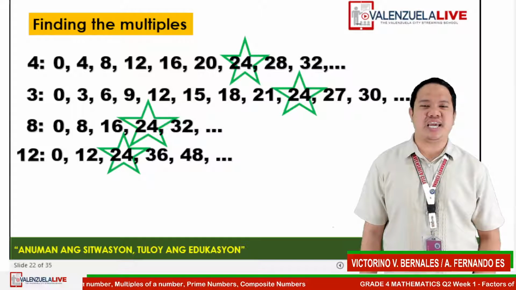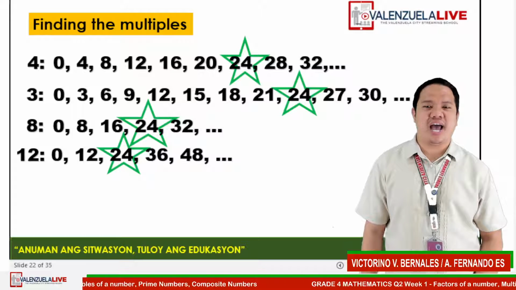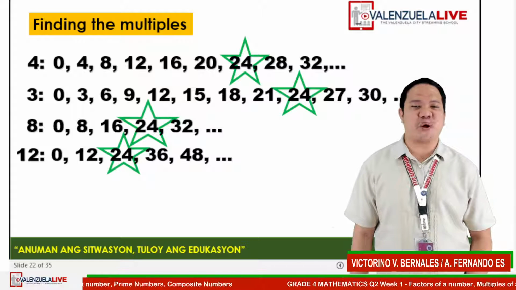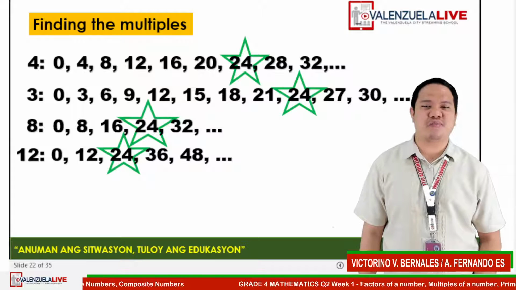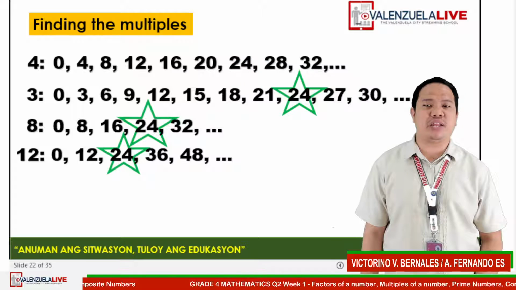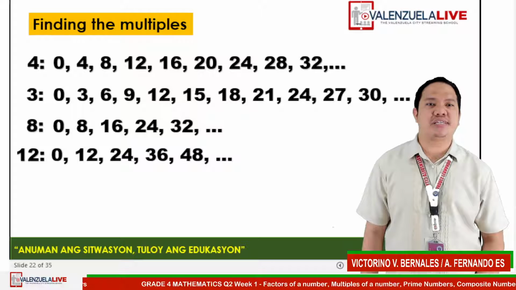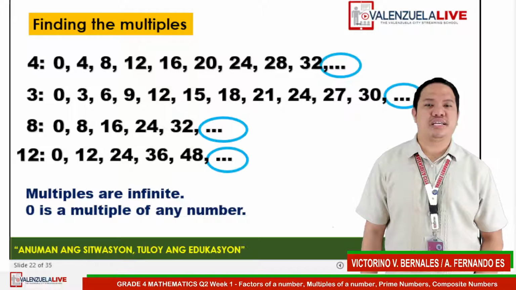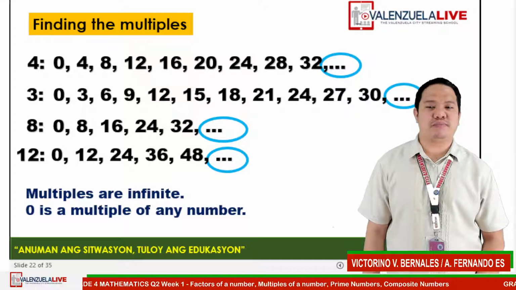As you can see, 4, 3, 8, and 12 have 24 as their common multiple because they are all factors of 24. You also need to take note that multiples are infinite or never ending. So these 3 dots symbolize infinity.